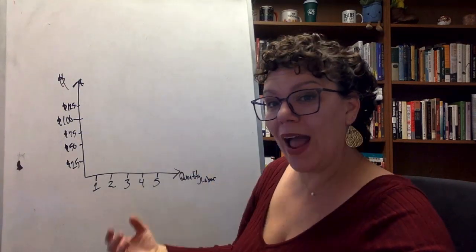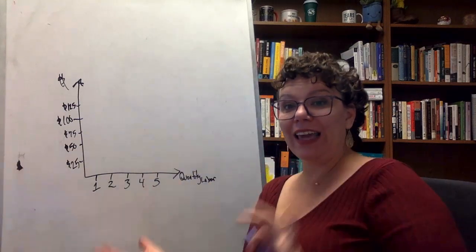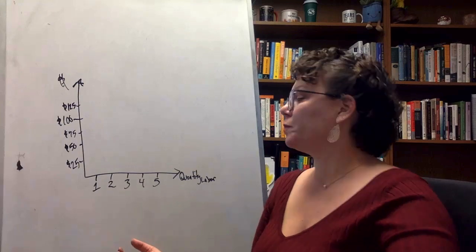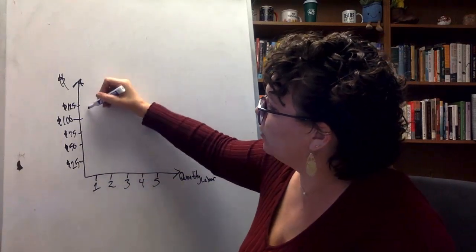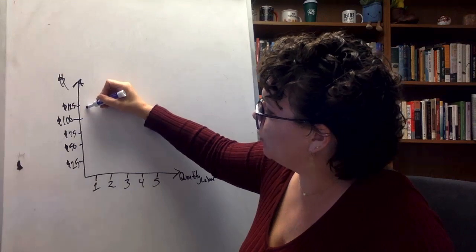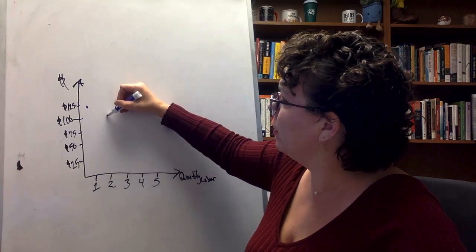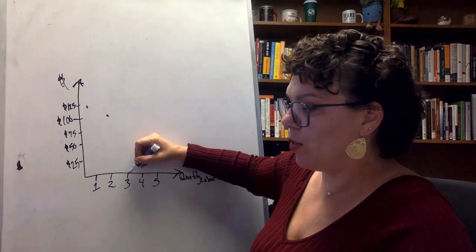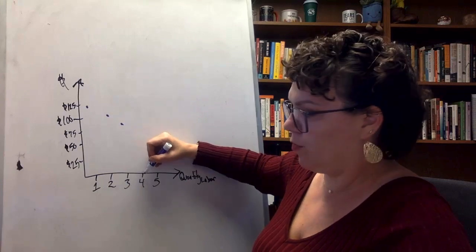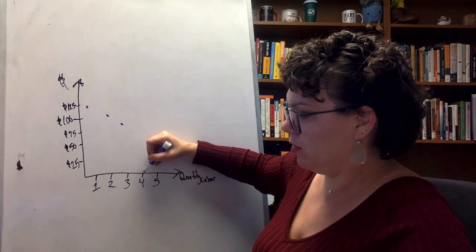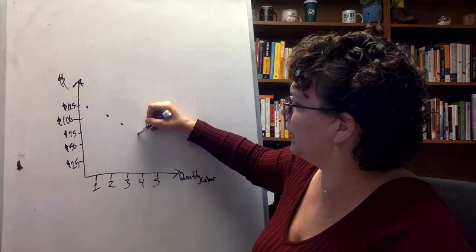Now I want to graph that value marginal product of labor against the quantity of labor. So our first worker was able to produce $120 worth of output. Our second worker produced $100 worth of output. Our third worker produced $80. Our fourth worker produced $60. Sorry, I lost my place there for a second.